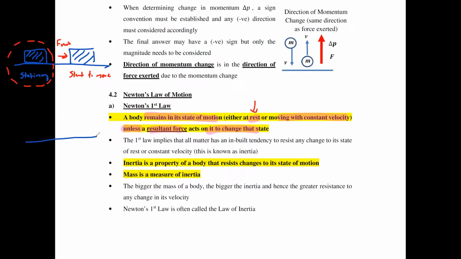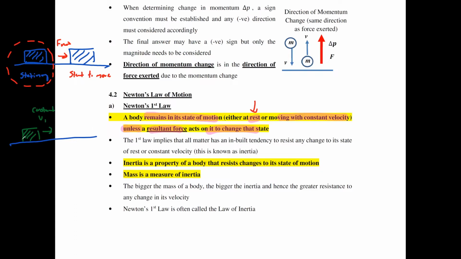Then if I move on to a second case, say right now you have an object that's moving with a constant velocity v1.